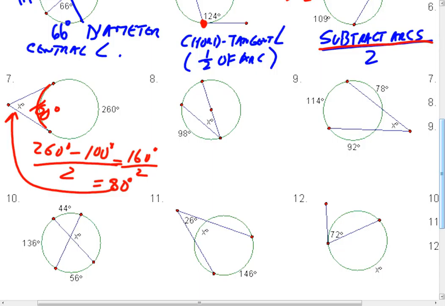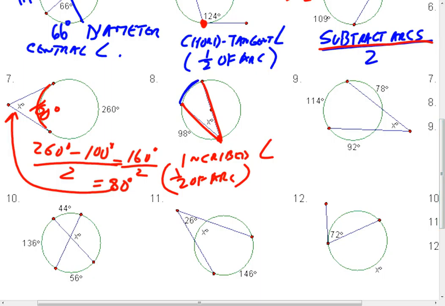What kind of angle is this? Inscribed. We know that that's half of its arc. What arc? The arc that it catches, the arc that it intercepts, the arc that it traps. We don't know that one. How can I figure that out? If that's the center.